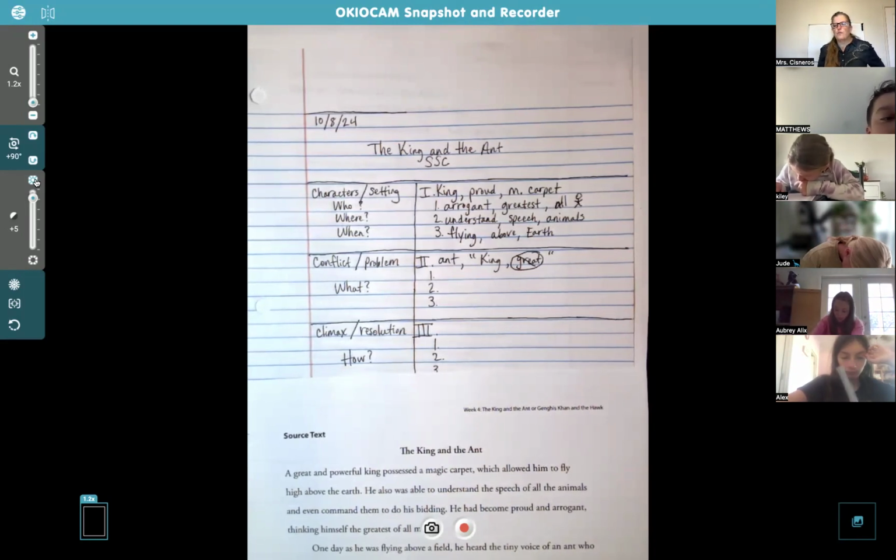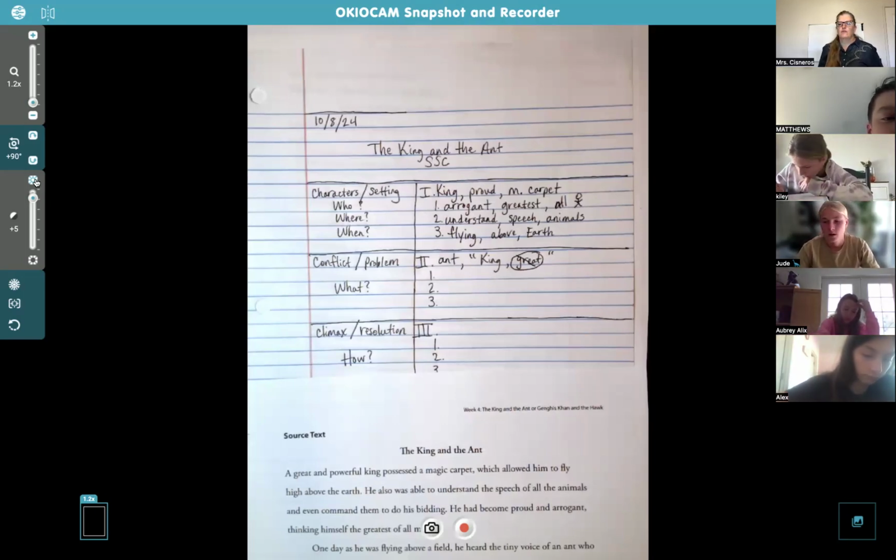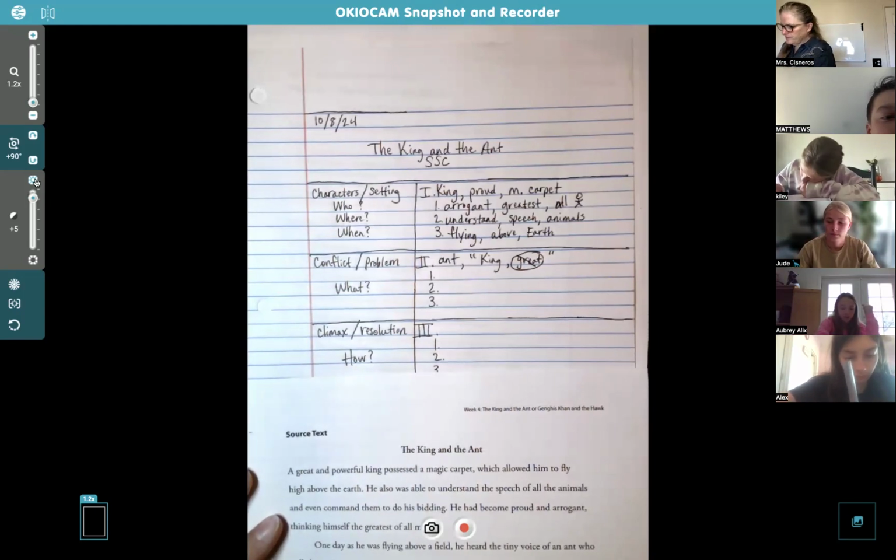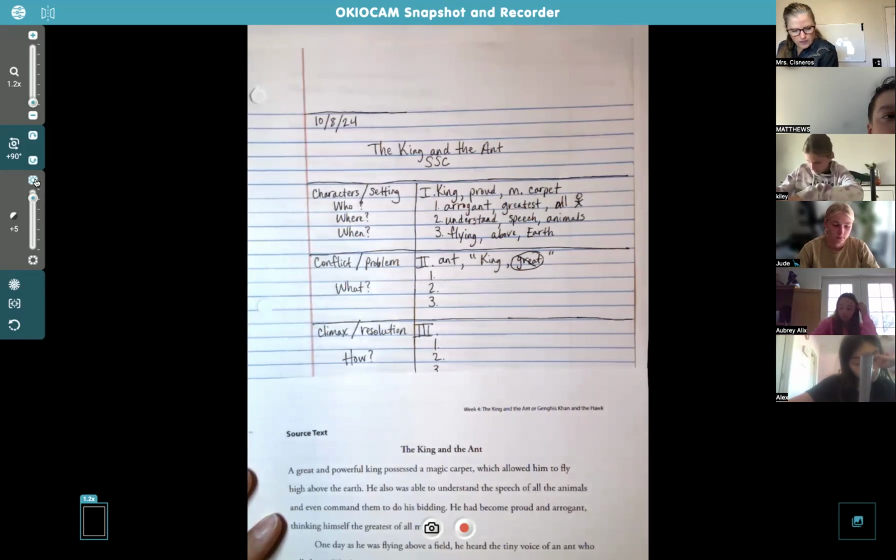And then Aubrey, how does the king respond to that? He's hearing something go, the king is not so great. How does he respond to that? He flew down and he carefully picked him up. Yes, good. So he flew down and he was kind of confused and maybe even mad at first.